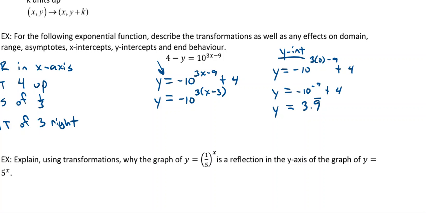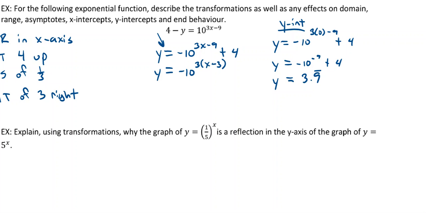Because it got so small and then we added 4. If you think about it that way, the -9 part is like 1/10 to the 9, right? So that's pretty much 0. It's almost 0, so then plus 4. It's so close to 0, but it's also infinitely far away from 0. So yeah, we could get closer and closer.